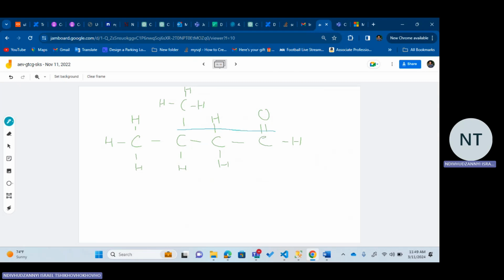The first thing that we do, we identify the longest chain, identify our homologous series or our functional group. You see that we're dealing with aldehyde, and it's in position 1 or the last carbon. Outside of the longest chain, we have a side chain. So let's do our numbering system.